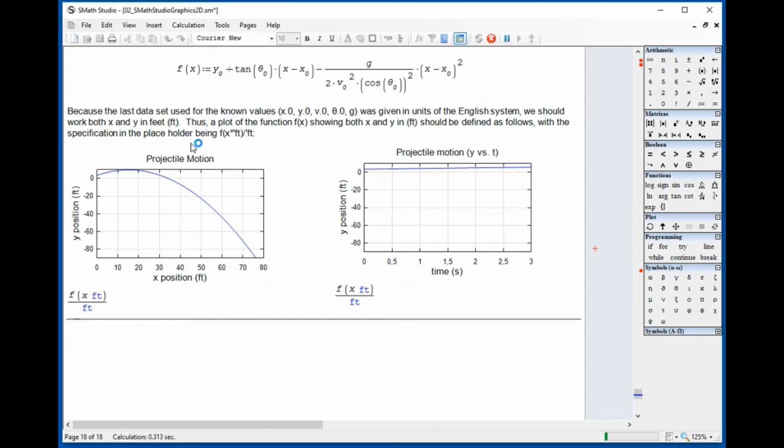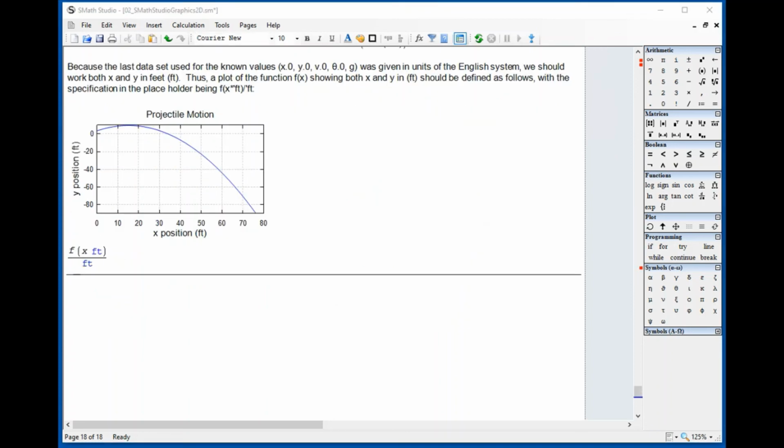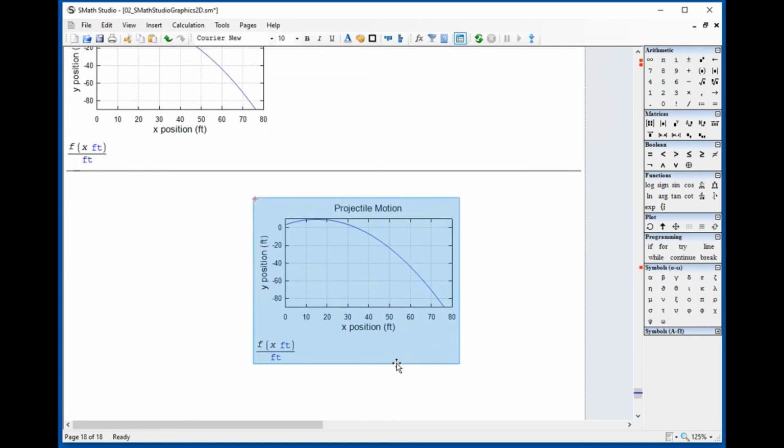Recalculate. Well, let me pause this. Something went wrong with the previous steps. I'm going to do Control C here. I'm going to paste it right here and remove the entry here.